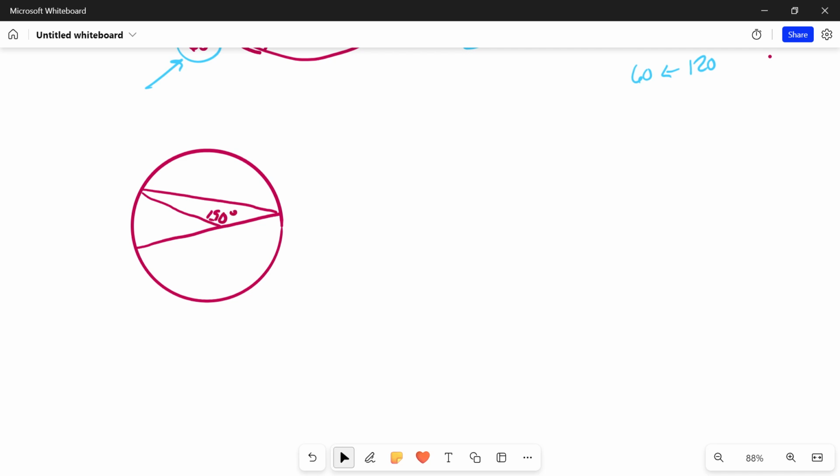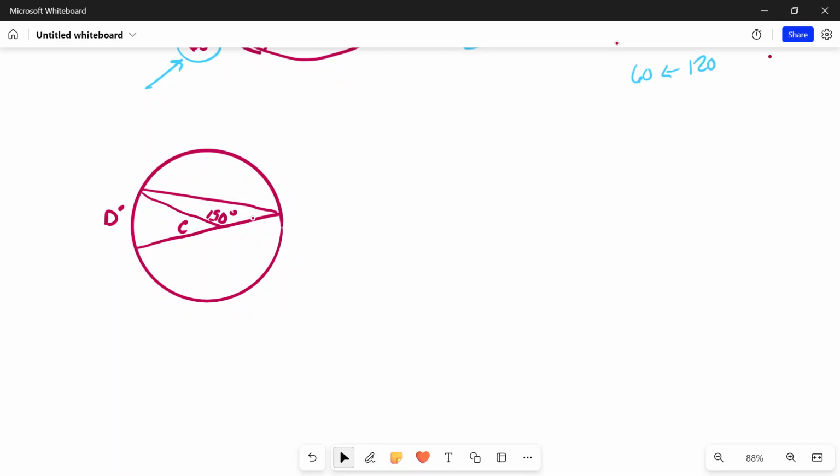This over here is D, that arc. This angle down here is going to be C. This angle over here is B, and this angle over here is A. So, can you find A, B, C, and D? You're given that one angle is 150 degrees. Go ahead and pause the video and do it yourself. Work on it on your own.